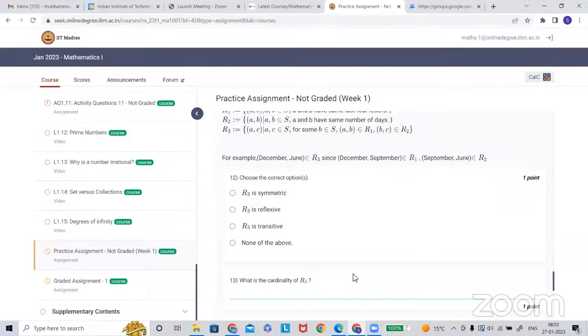Using that, you make the classes. Class 1 is the months which have 31 days, class 2 is 30 days, and class 3 is 28 or 29 days. Yes, sir.